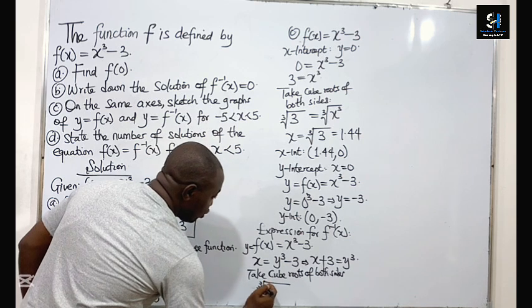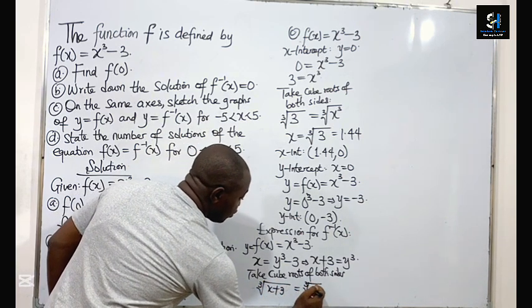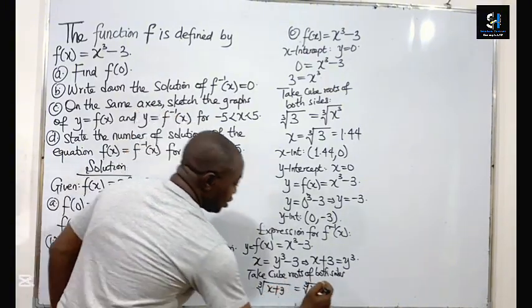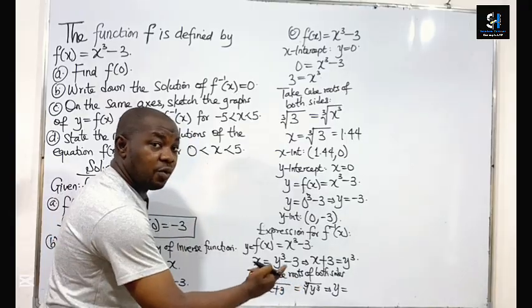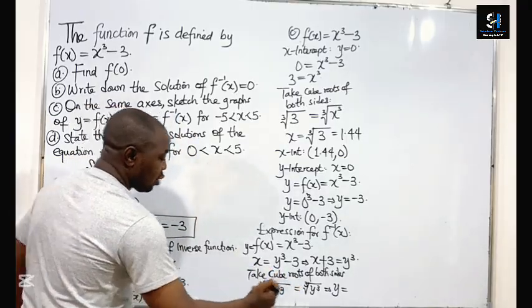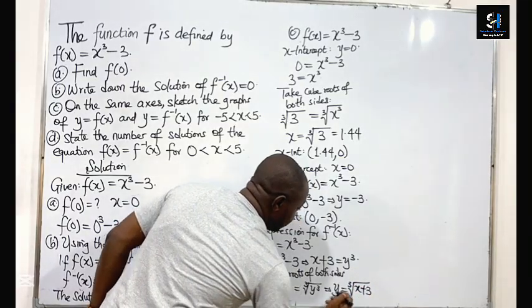So this will be cube root of x plus 3 equals cube root of y cubed. The cube root of y cubed is y, so y equals cube root of x plus 3.